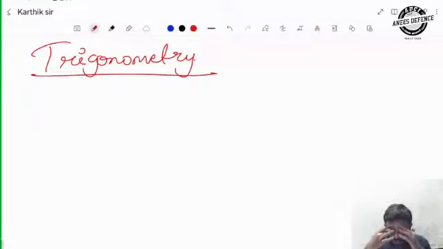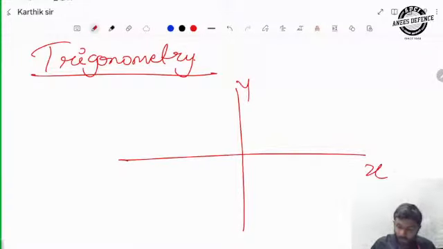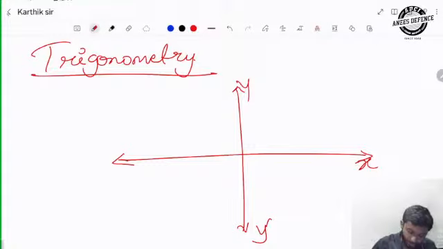In trigonometry, the main thing that we all have to observe is the angle. If this is the y-axis and this is the x-axis, this will be y dash, this will be x dash, with this positive, this negative, this positive, this negative.